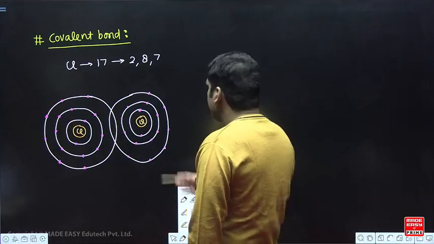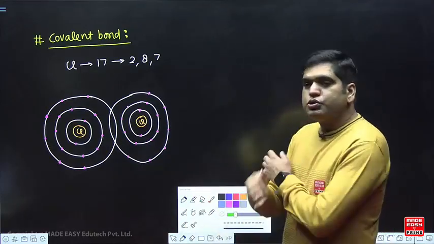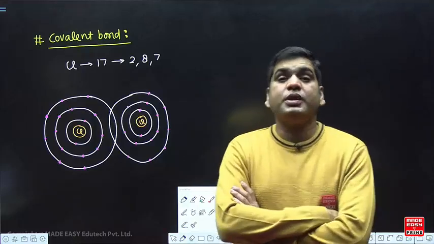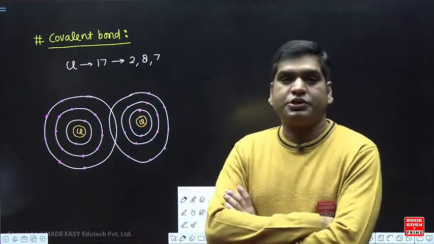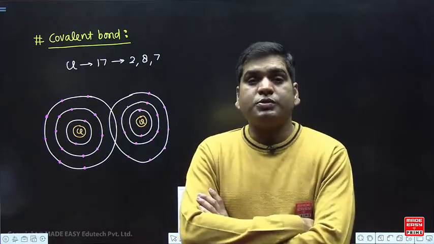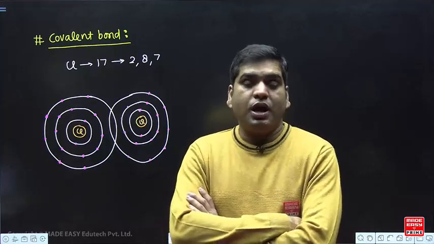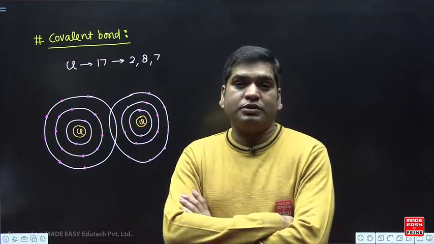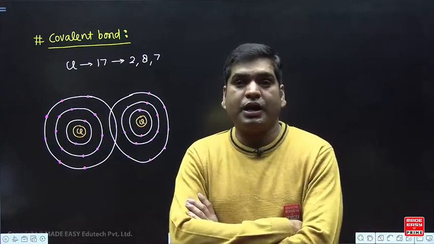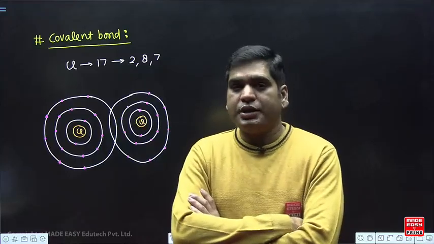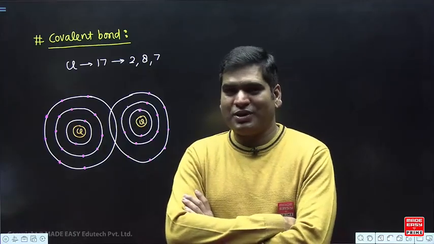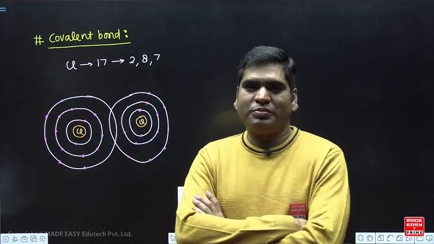Now suppose if you are having these two chlorine atoms, none of them is ready to give up its electron. So there is no possibility of making cation. And if cation is not formed, then there is no possibility of forming ionic bond. Because for ionic bond, both cations and anions are required. So how can bonding take place?